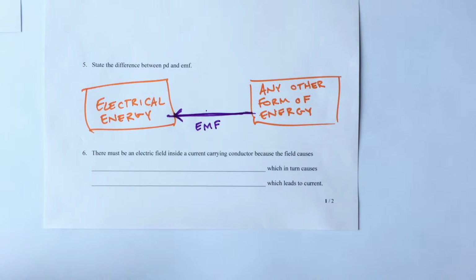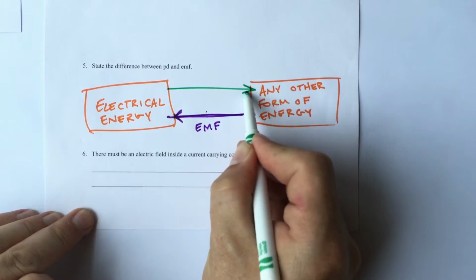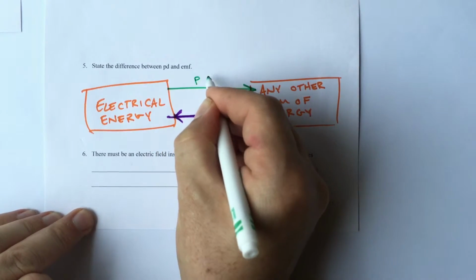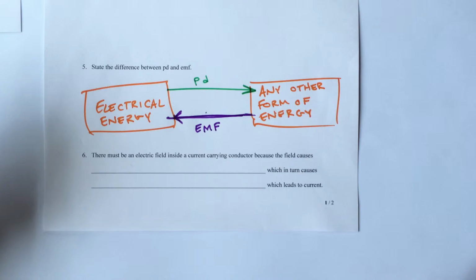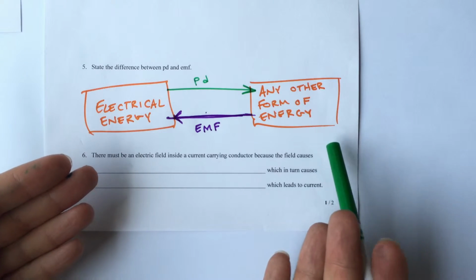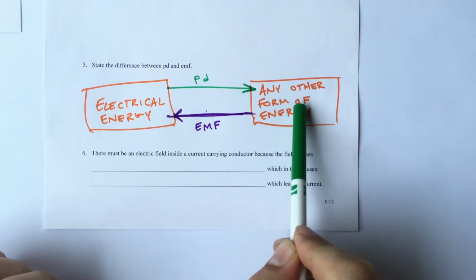And if we are going from electrical energy into some other form, we are talking about a potential difference. So a light bulb, for example, takes electrical energy and converts it into light.